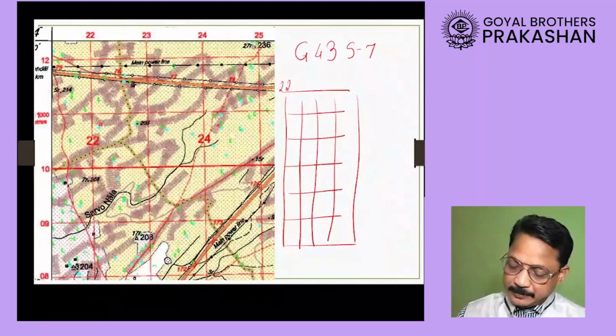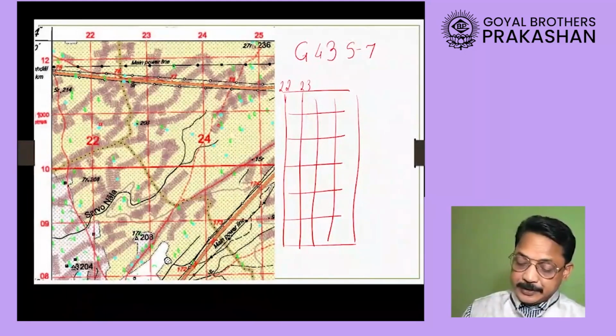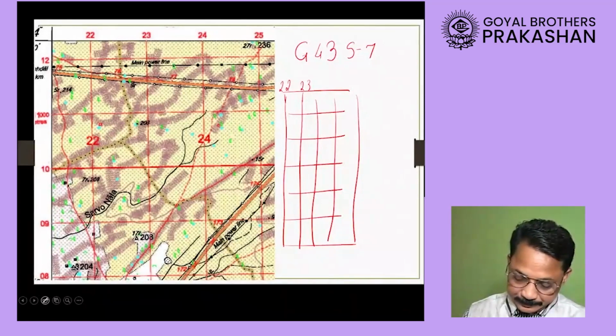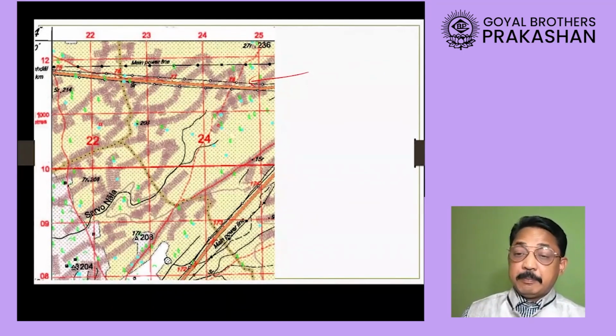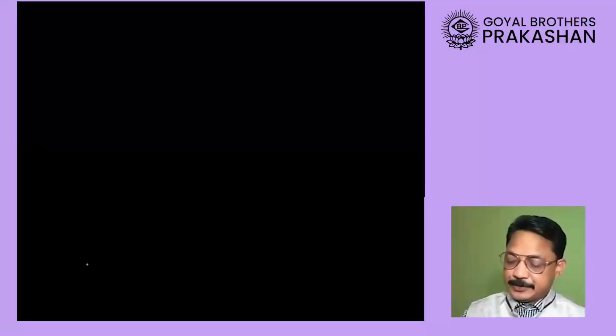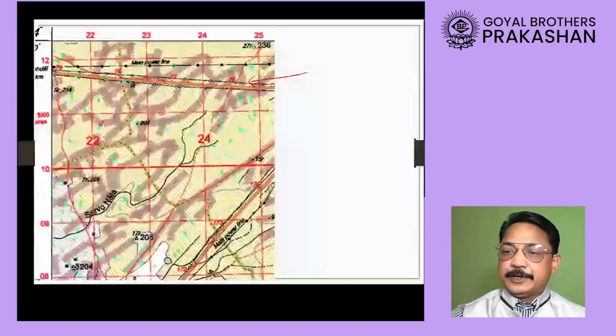For example, this is 22, this is 23, 24, 25, 26, that way. Remember, this section that I have just now drawn here is a part of G43S7. It itself is part of G43.